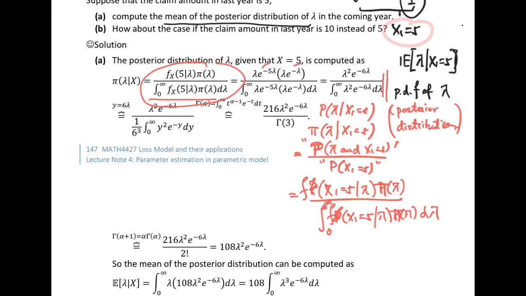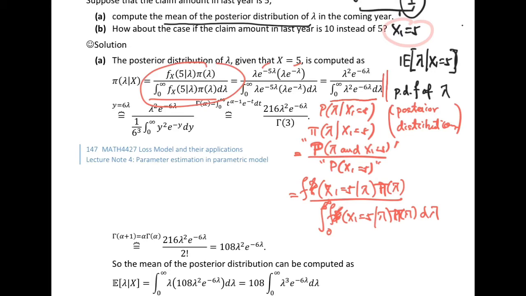The numerator needs nothing, so it remains to evaluate the integral in the denominator. Formally you should use integration by parts, but with lambda to the power 2, we definitely won't do integration by parts twice.